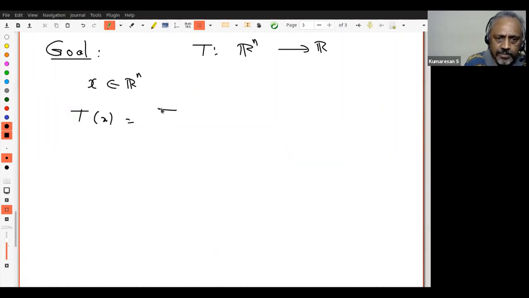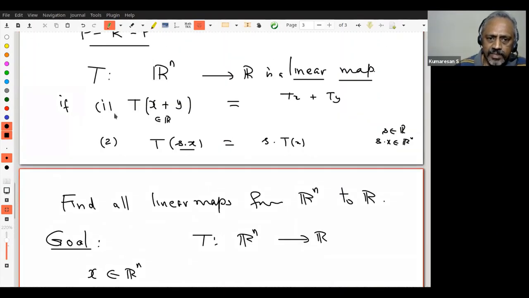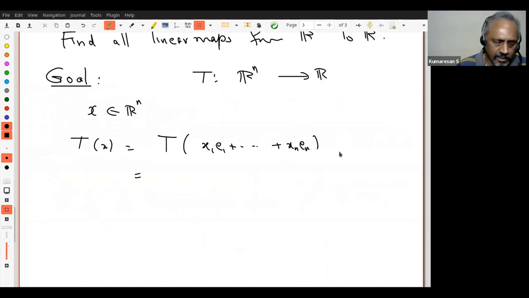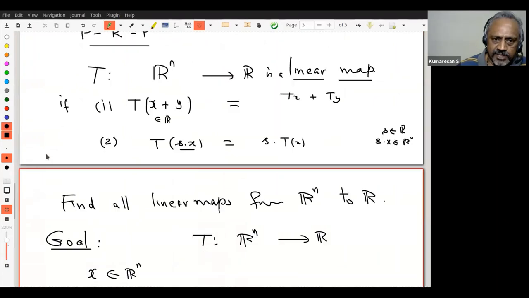T of x is going to be T of x1 e1 plus dot dot dot plus xn en. Do you understand this? Now notice that T of x plus y is Tx plus Ty. Therefore this is going to be T of x1 e1 plus T of x2 e2 plus dot dot dot plus T of xn en. This is because of the first condition. When T is linear, T of x plus y must be Tx plus Ty.